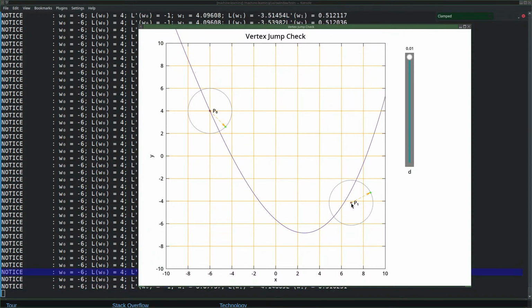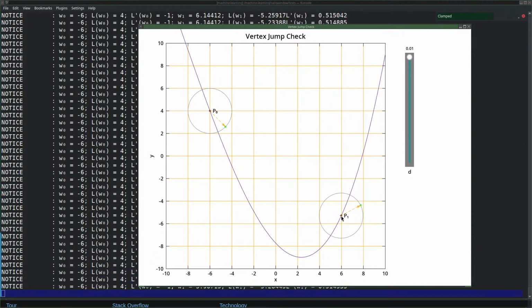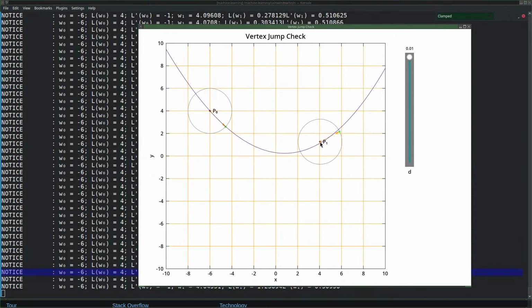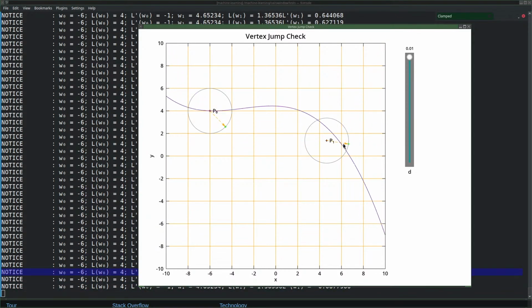That's interesting. If I move the point, no, it's not true. This looks like a correct fit. But yeah. Coincidence, I suppose.